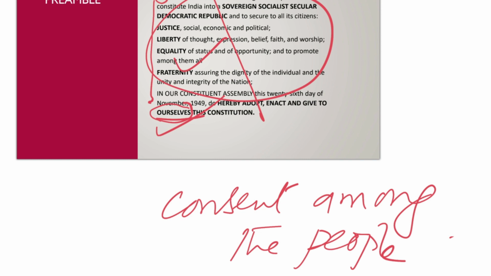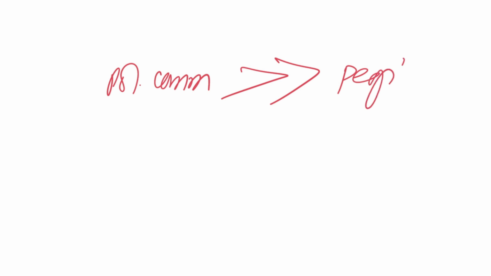So political community exists through consent. Do you know what it means? It means political community is not above people. Political community is for the well-being of the people.